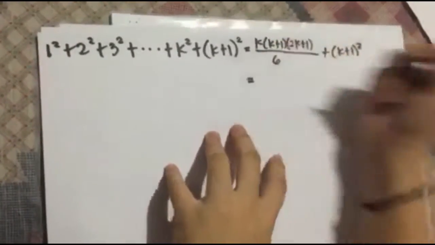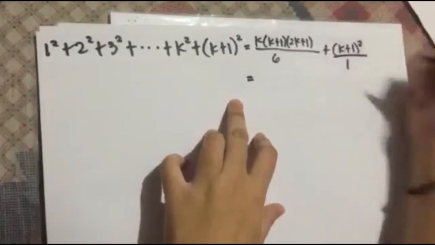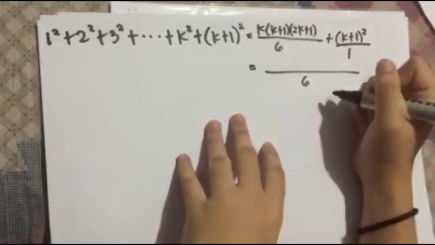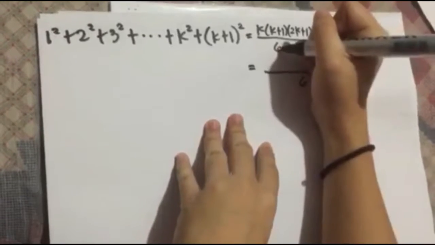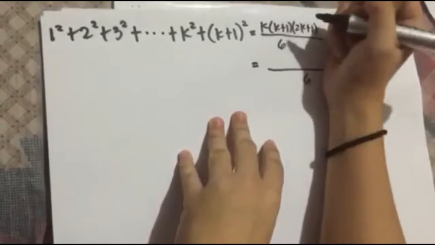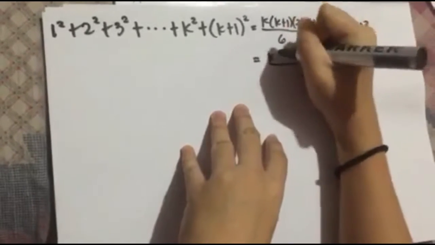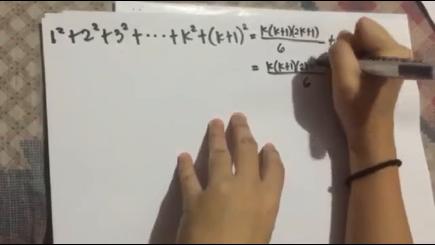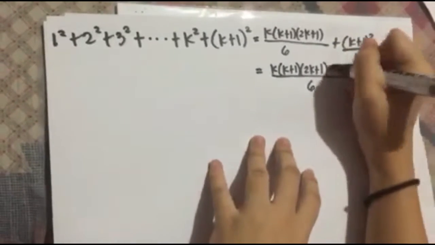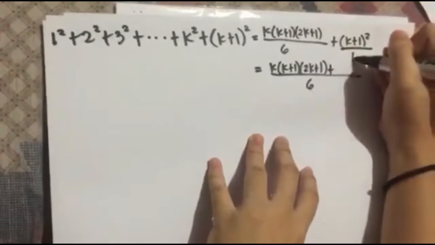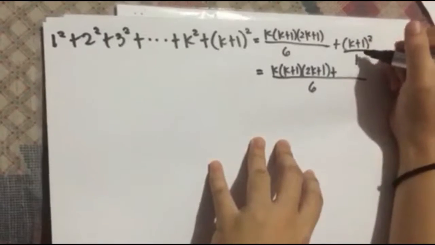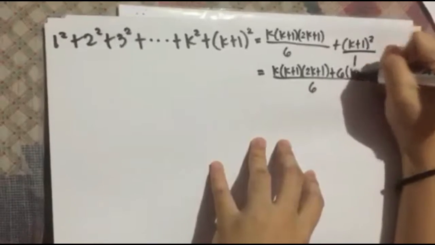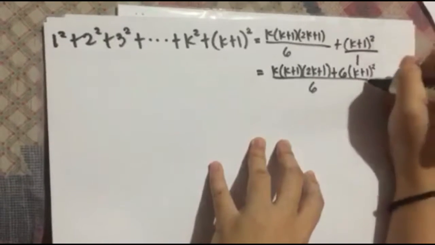So this is over 1. Find the LCD, which is 6. 6 divided by 6 is 1, then multiply to this, so it becomes k times k plus 1 times 2k plus 1, plus 6 divided by 1 is 6, multiplied by k plus 1 squared is 6 times k plus 1 squared.